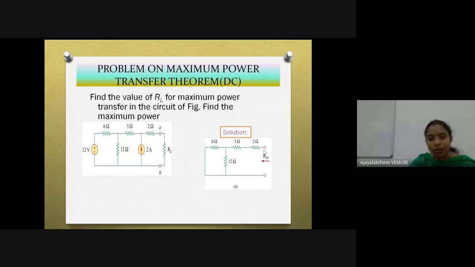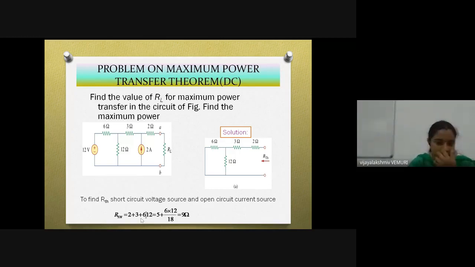So that is what to find RTH: short circuit the voltage source and open circuit the current source. So RTH will be equal to 2 plus 3, that series combination, which will come in series again with the parallel combination of 6 and 12.